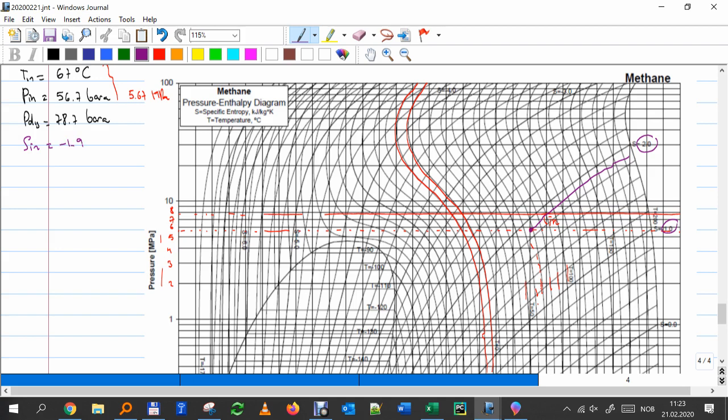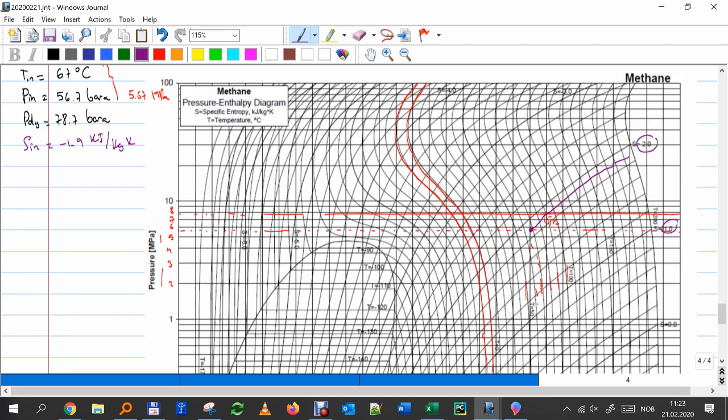What are the units of entropy? Kilojoule per kilogram Kelvin. So I say, if I'm God, which is a kind of blasphemy, but if I can make the best way to compress this fluid here, it should follow this line. It should come from here to here, ideally.